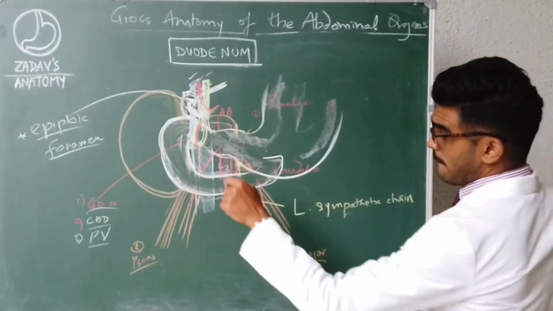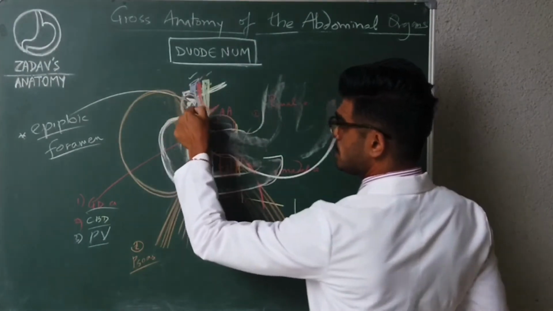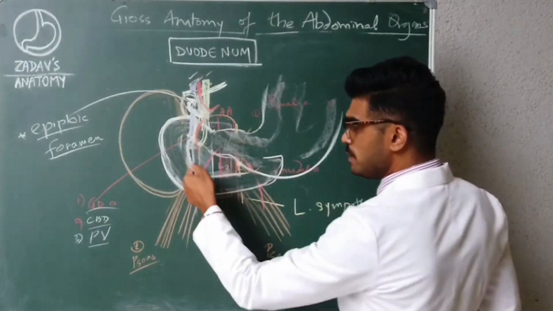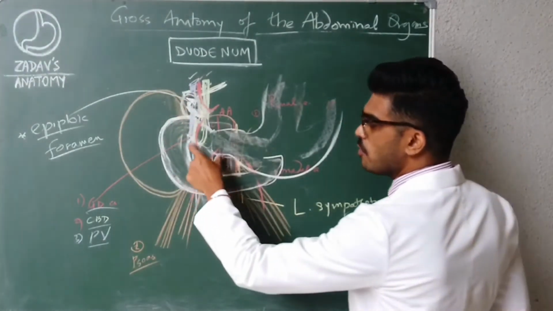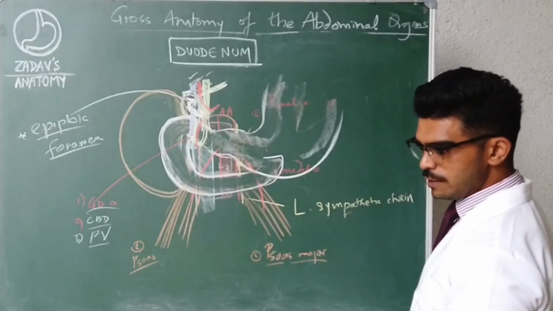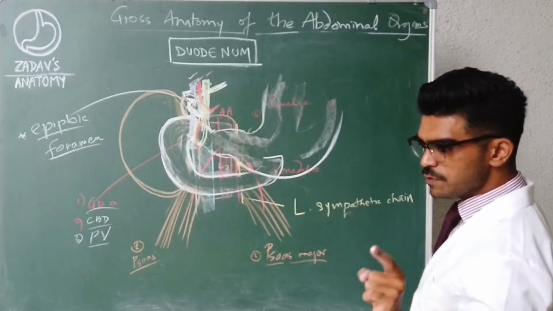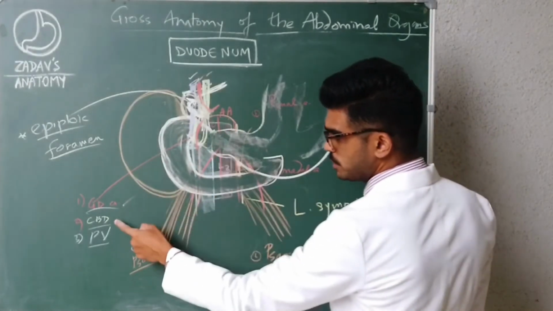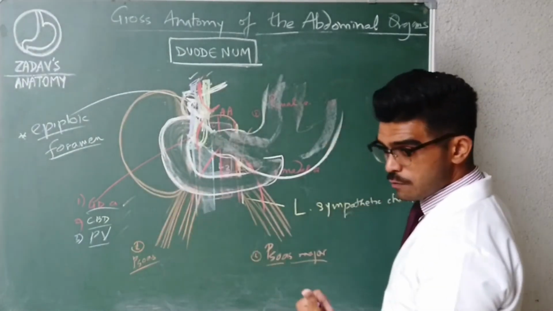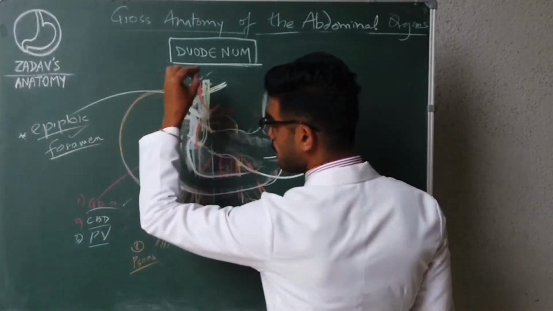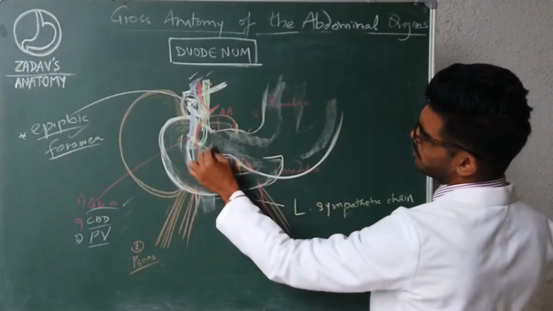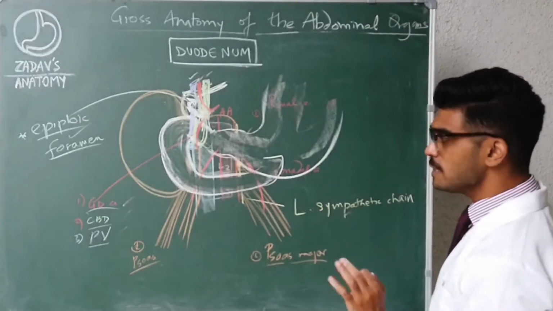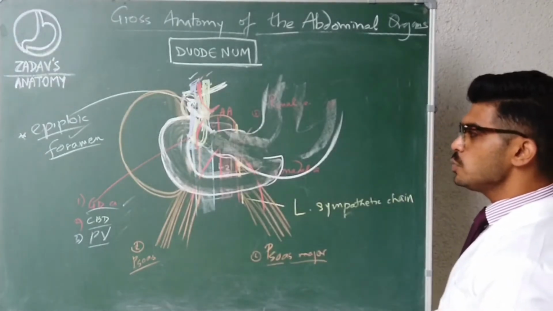Superior relation, of course, the epiploic foramen. Inferior relation, the head of the pancreas. So relations of the first part of the duodenum: posteriorly, gastroduodenal artery, common bile duct, portal vein; superiorly, epiploic foramen; inferiorly, head of pancreas; and anterior, we'll see towards the end.